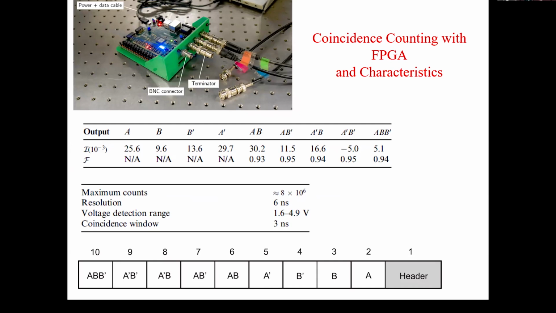Coincidences really mean two coincident detections on A, B prime, and so on, and threefold coincidences as well. All of this data is put in a header. With a header, this 10 byte data set is then given to the computer after a clock interval.